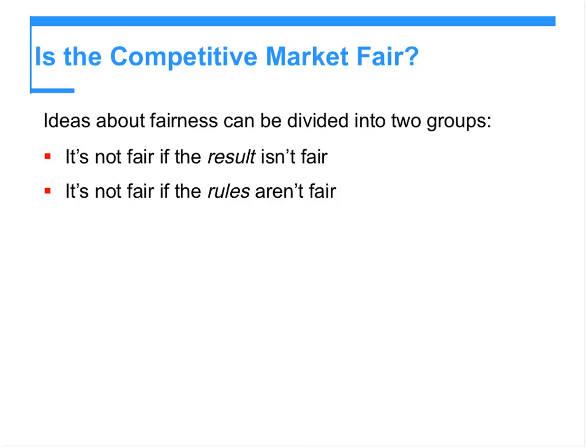Some of them, the fans of the utilitarianism school of thought, say it's not fair if the result isn't fair, and I will tell you why they say that. And some of them are saying it's not fair if the rules are unfair. So look at the next slide.